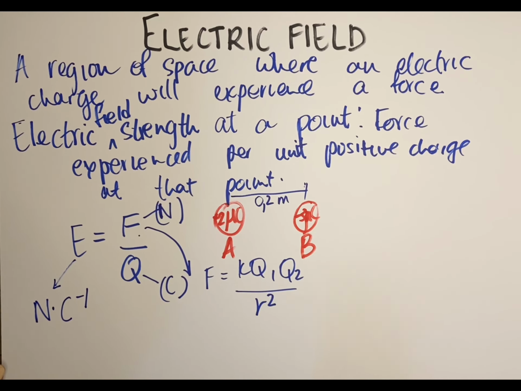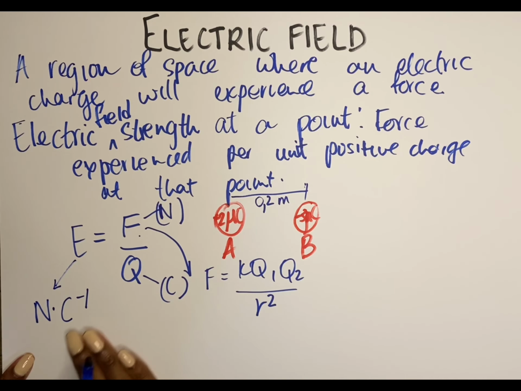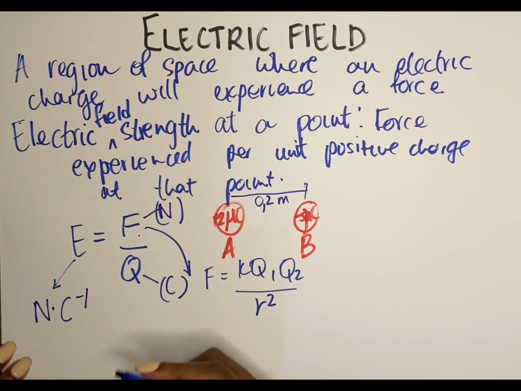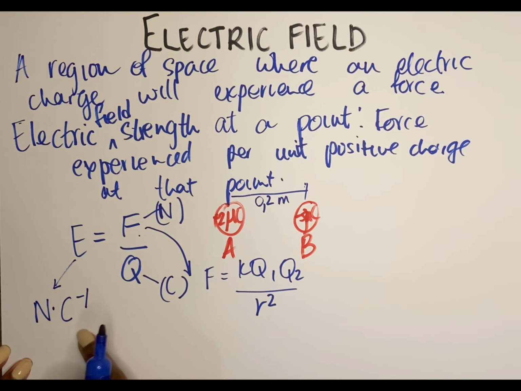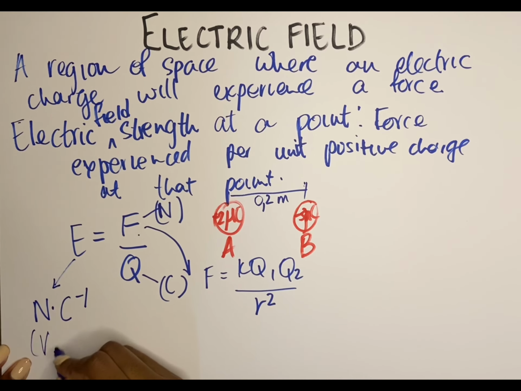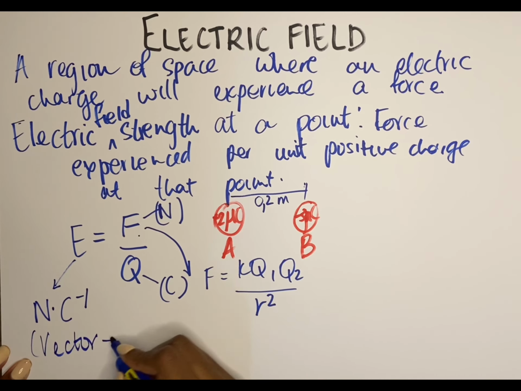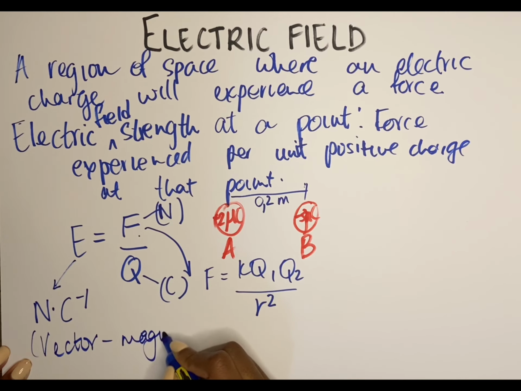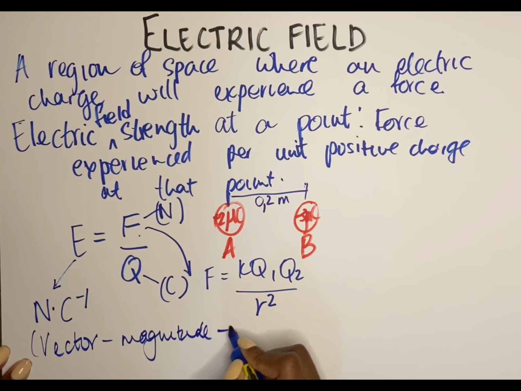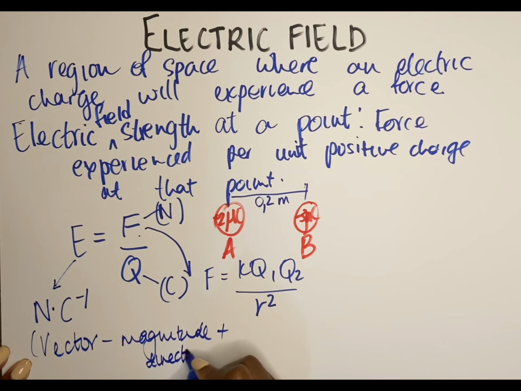So you can calculate the electric field using this formula. But also keep in mind that electric field, like electrostatic force, is a vector. So it has magnitude and direction. That is important when you're doing your calculations, right?